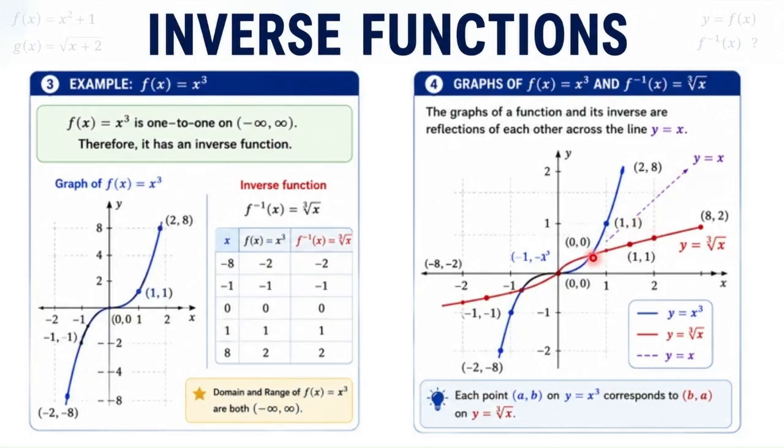Geometrically, this means the red inverse graph, the cube root function, is a perfect reflection of the original blue graph across the diagonal line y equals x, shown as the purple dashed line. This gives the inverse function, which is the cube root function.